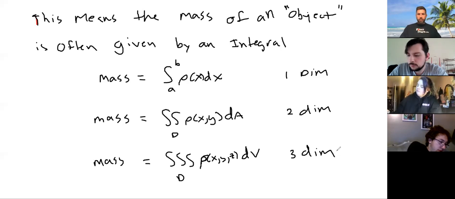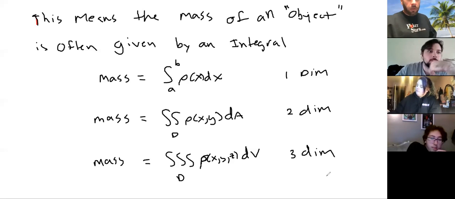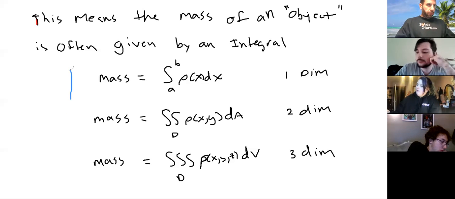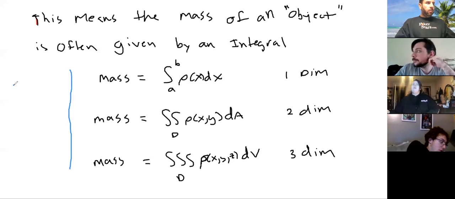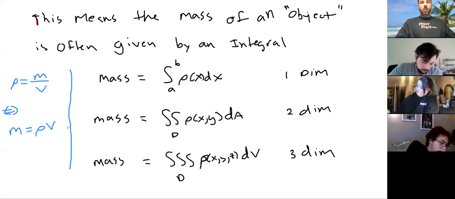Does anybody have a question about this? Now think about this. Look at this equation. Let me write it on the side just to give you some intuition for this. Remember, what are we saying? Well, if density is equal to mass over volume, that's the same thing as saying that mass is density times volume.